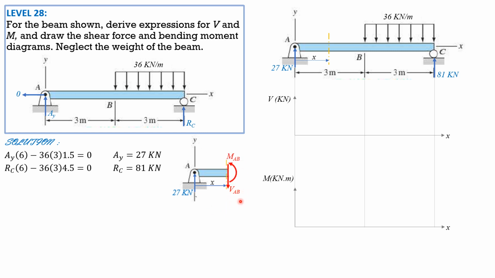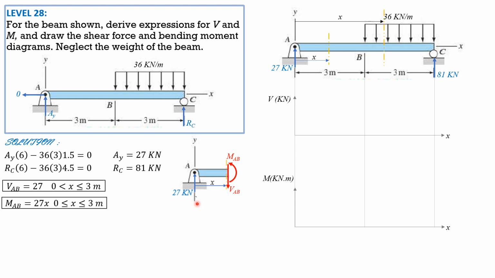Summation of forces in y equals 0, so shear AB is 27, constant for 0 less than x less than 3 in general. For moment AB, it is 27 times x. So that's the equation, for 0 less than or equal to x less than or equal to 3 meters.